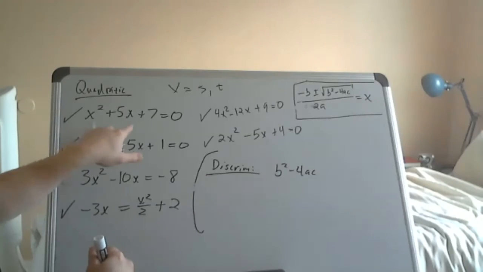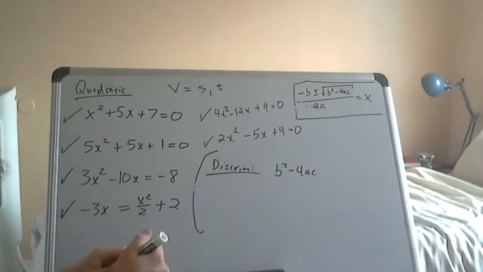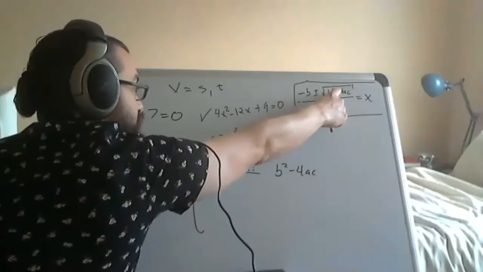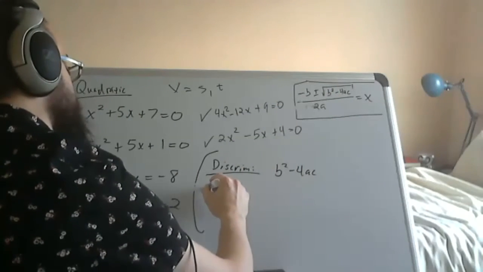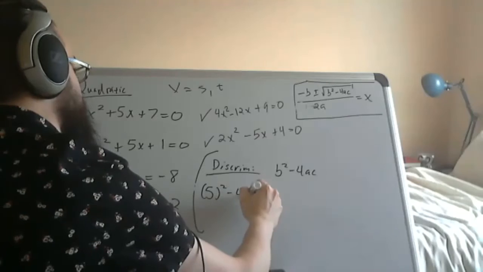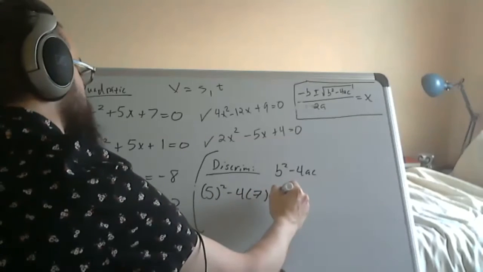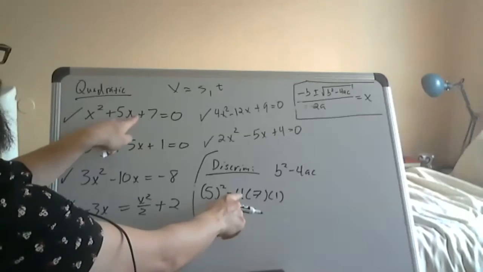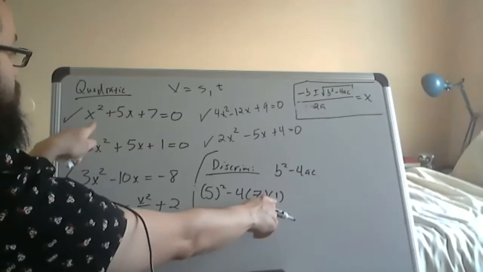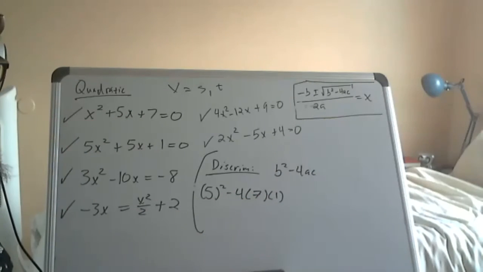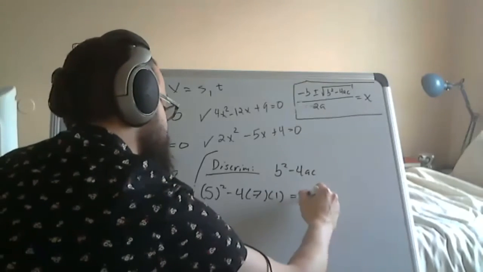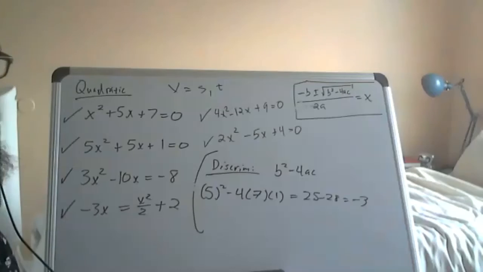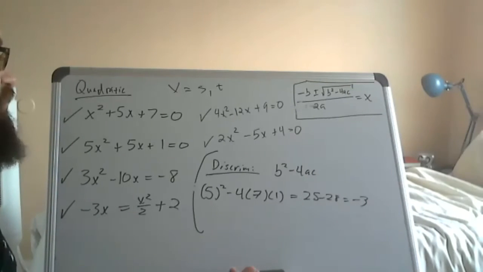So, on this guy right here, x squared plus 5x plus 7, our discriminant, which is going to be under this radical, is 5 squared minus 4 times 7 times 1. This gives us 25 minus 28, which is -3. So it's less than 0, it's a negative number.